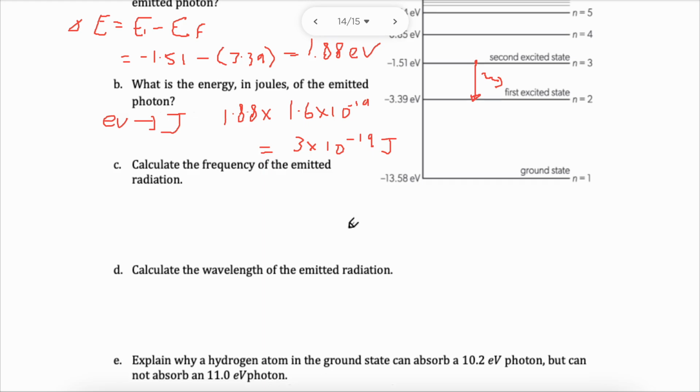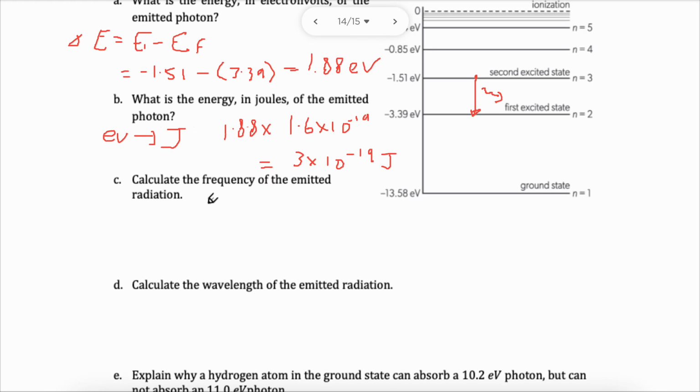Find the frequency of the emitted photon. The frequency is E equals hf. We can do this one because we have the E. E equals hf. This is the rule. And you can rearrange: f equals E over h. E, I have it. I just used it. 3 times 10 to the minus 19.